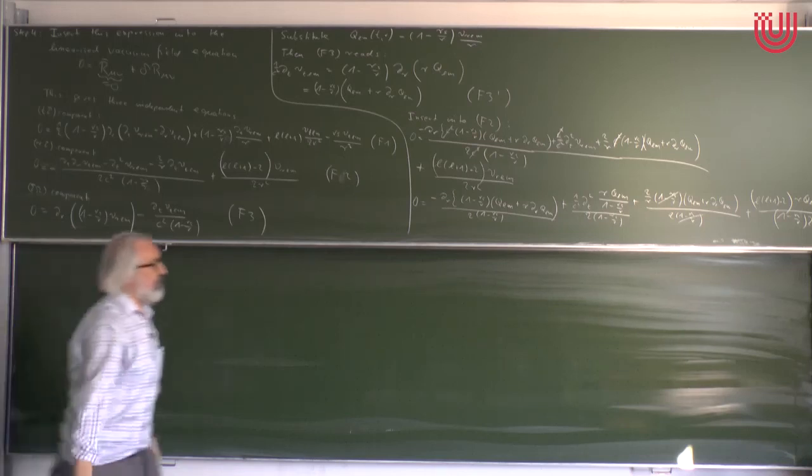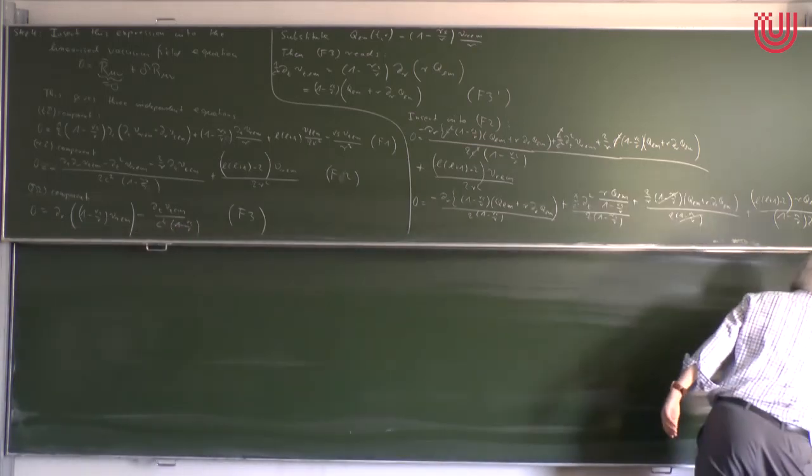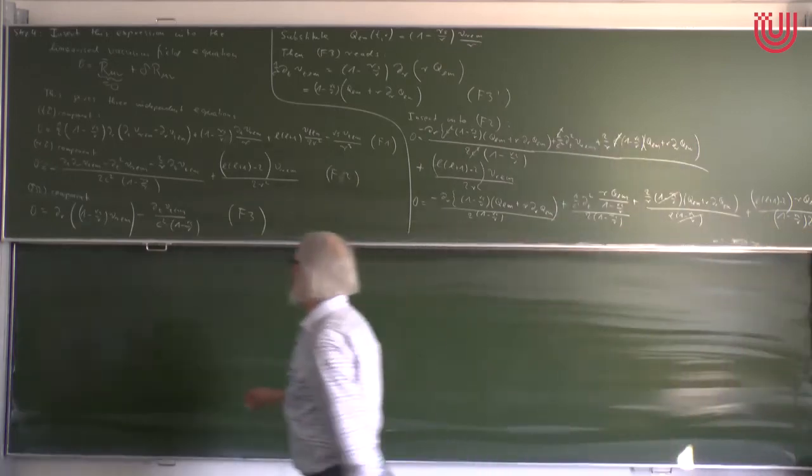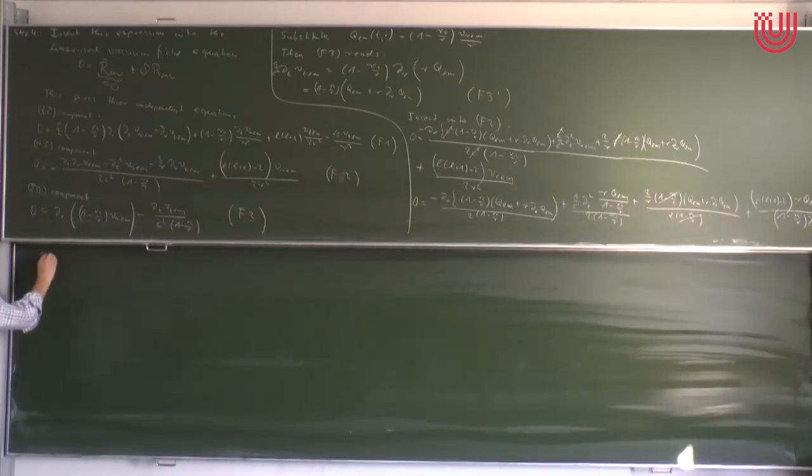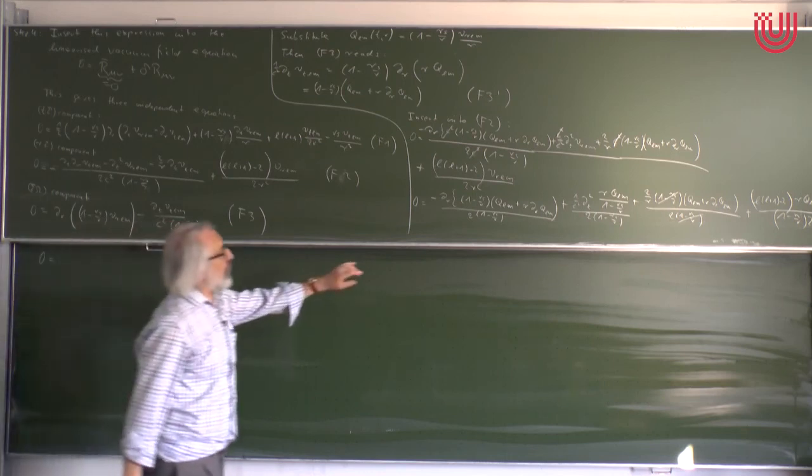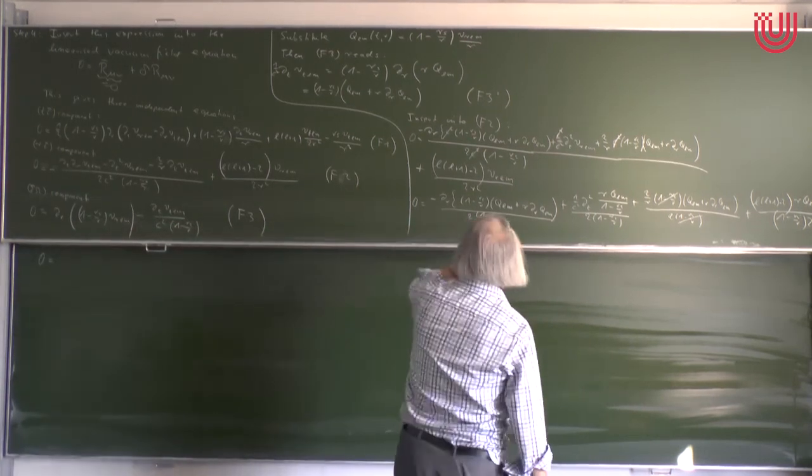Okay, what do I get? So I multiply with 1 minus rs over r squared.